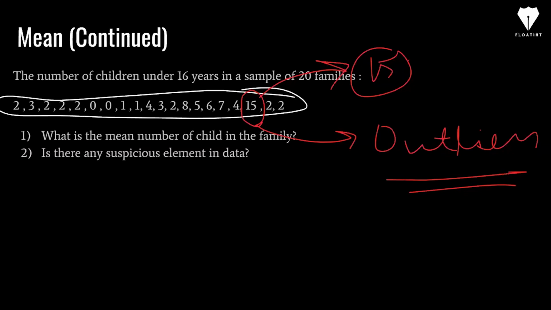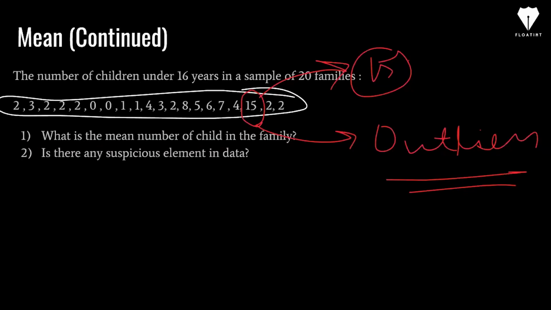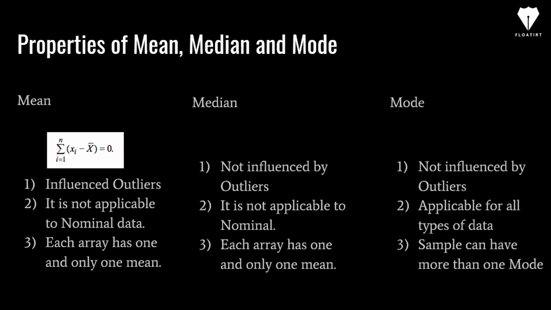In this case, median is a very good measure of central tendency because 15 will come in the absolute right of your data set when you sort it in ascending order, right? Whatever is there in the middle is not affected by this value. So median is a very good measure of central tendency when you have outliers in your data.